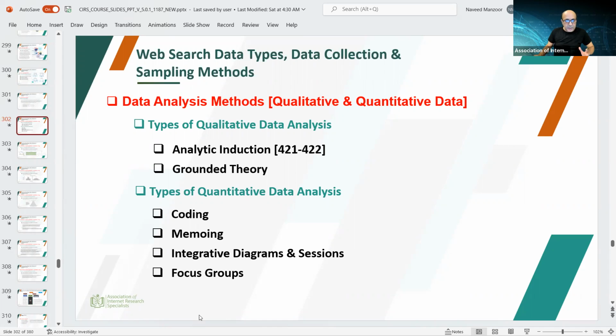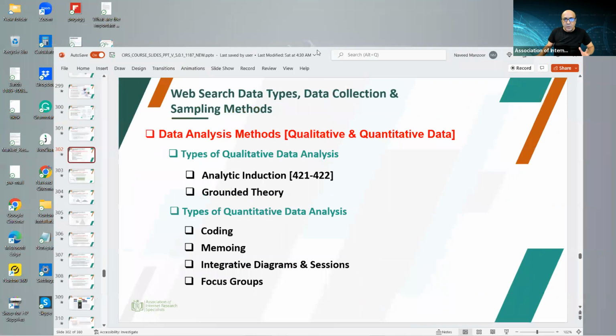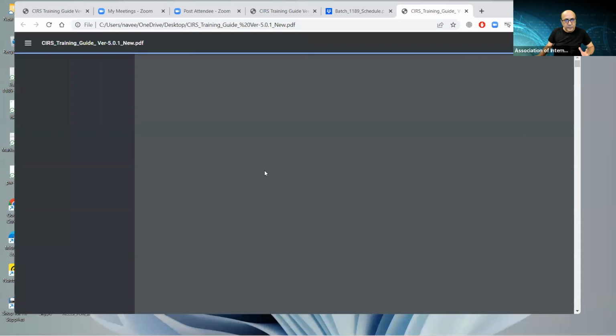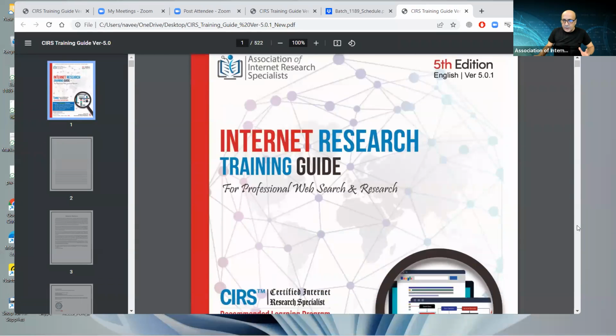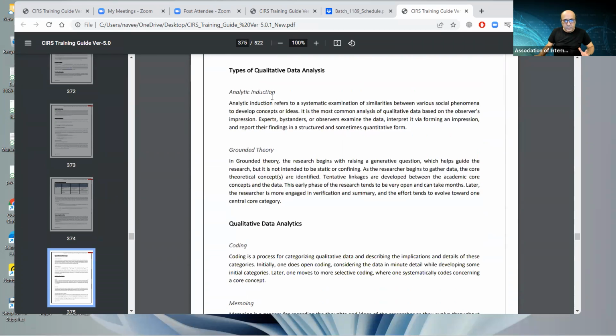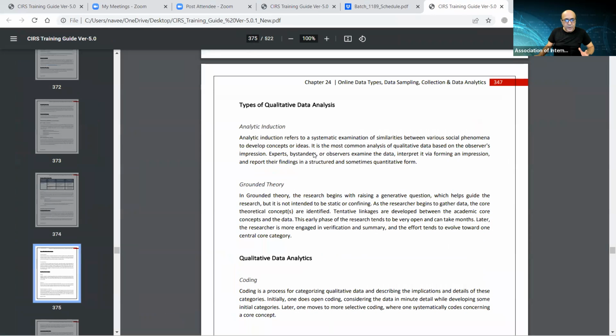So analytic induction, I'm going to open up the book to give you a sense of what the definition looks like, because we don't have it in the slide. So let me just open it and take you to a page. So analytic induction is on page 347.